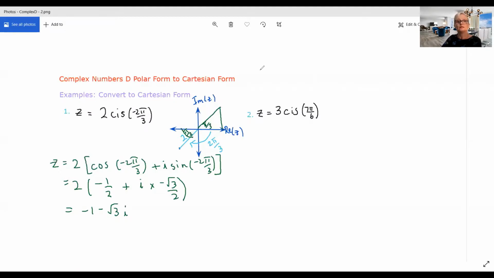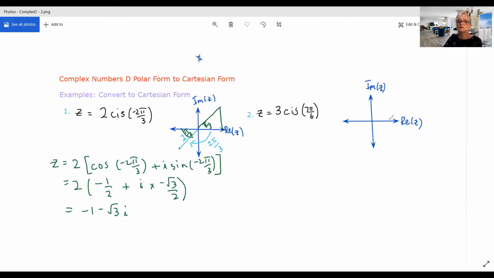So again, it's a good idea to get a little sketch happening just to see where you are in the whole scheme of things. So we've got our real axis and our imaginary axis. And we're talking about 7 pi on 6.